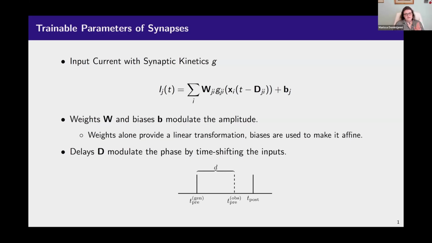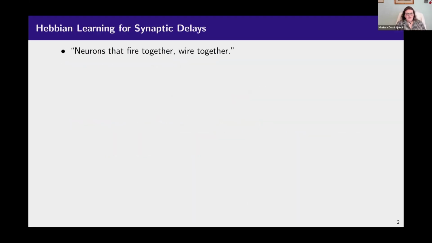The way we're looking at this is that if you have some presynaptic spike that's generated at a given time, it will be observed by the postsynaptic neuron after a period D. And in Hebbian learning for synaptic delays, the adage I'm sure we've all heard hundreds of times at this point: neurons that fire together wire together.